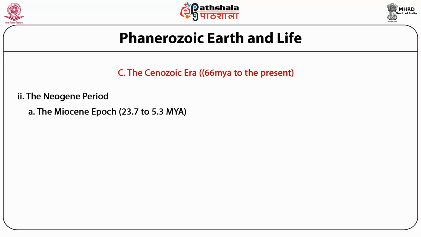First one is the Miocene epoch. The Miocene is the first epoch of the Neogene period, lasting from about 23.7 to 5.3 million years ago, and the climate was comparatively warmer than the Oligocene epoch.